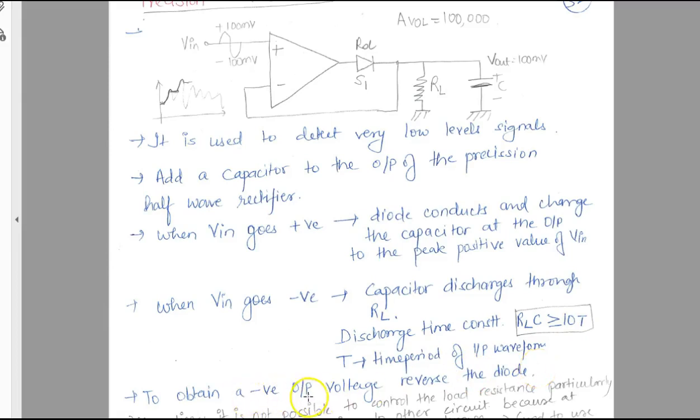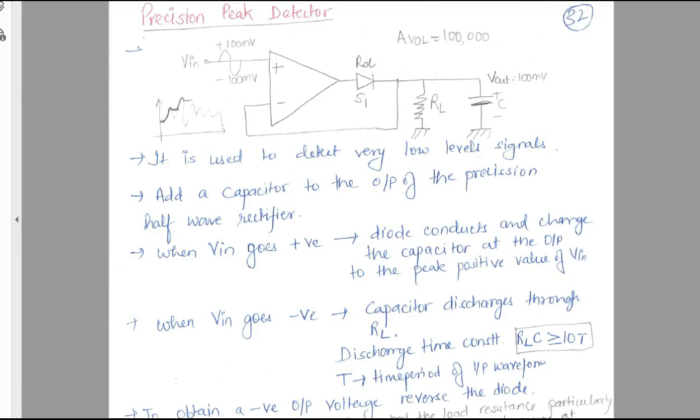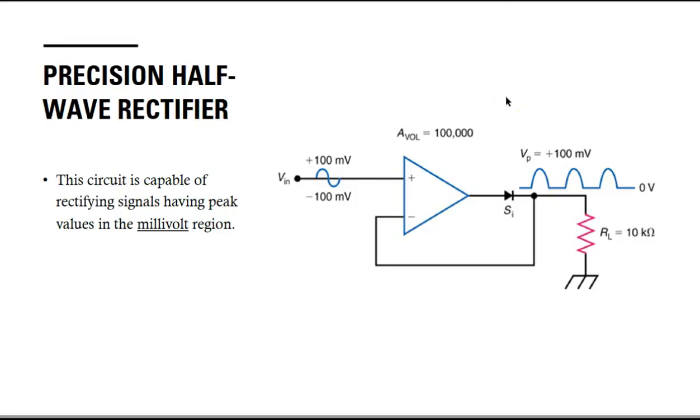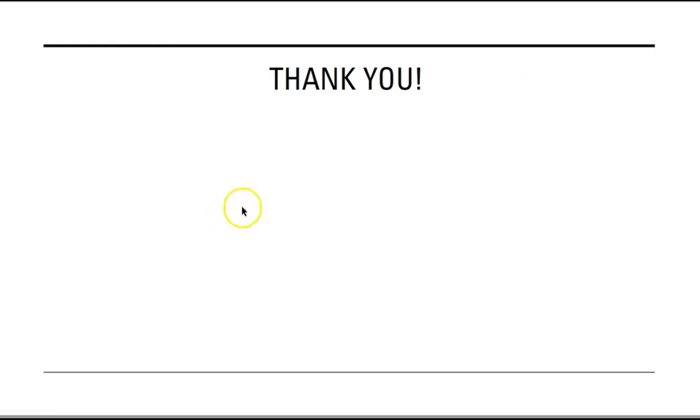To obtain a negative output voltage, you just reverse the diode. So that's your precision peak detector, and that's all for today. If you want to see the derivation, you can go and see the lecture notes. Thank you so much for watching this lecture.